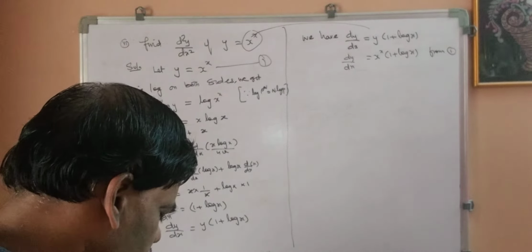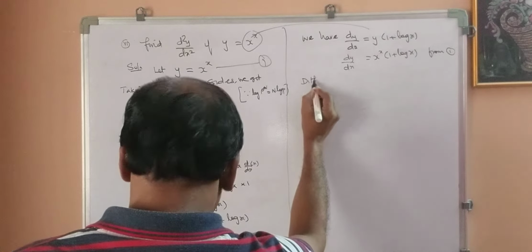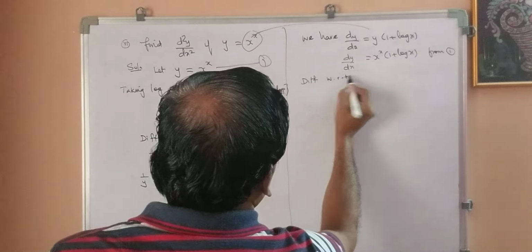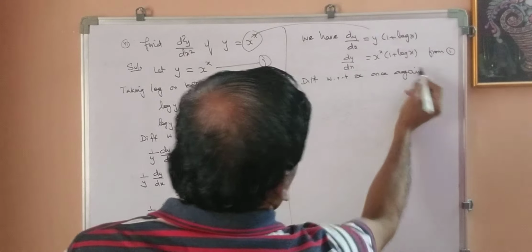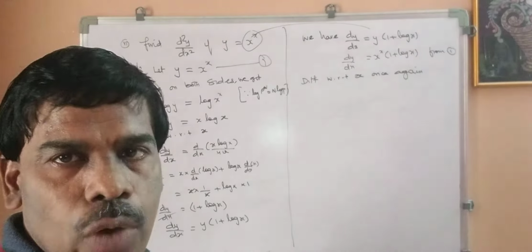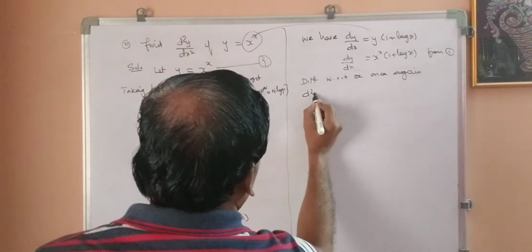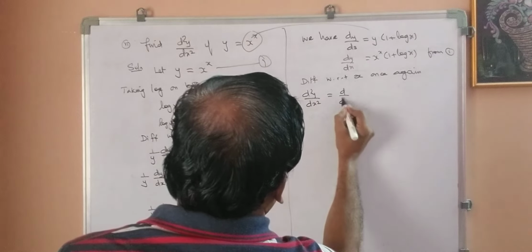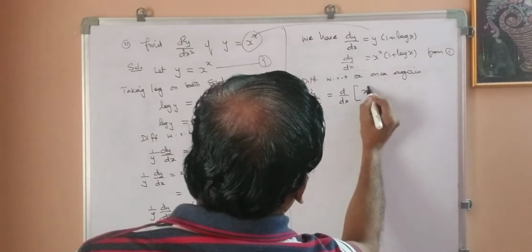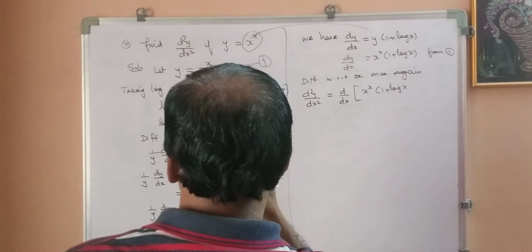We have to differentiate again. Differentiating with respect to x once again, because we wanted to find d square y by dx square. So, d square y by dx square equal to d by dx of x to the power x into 1 plus log x.